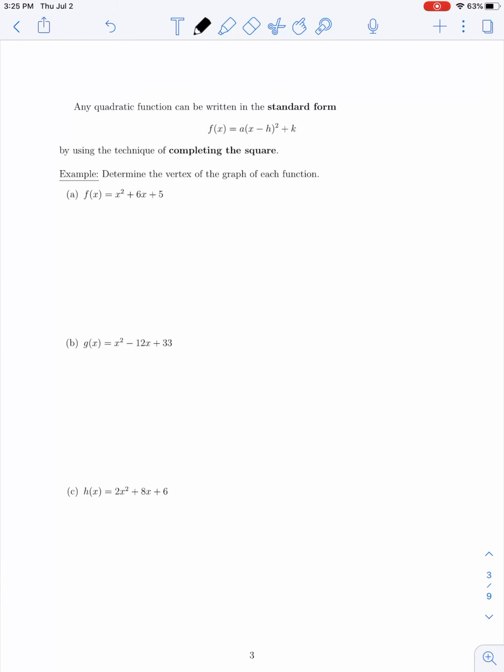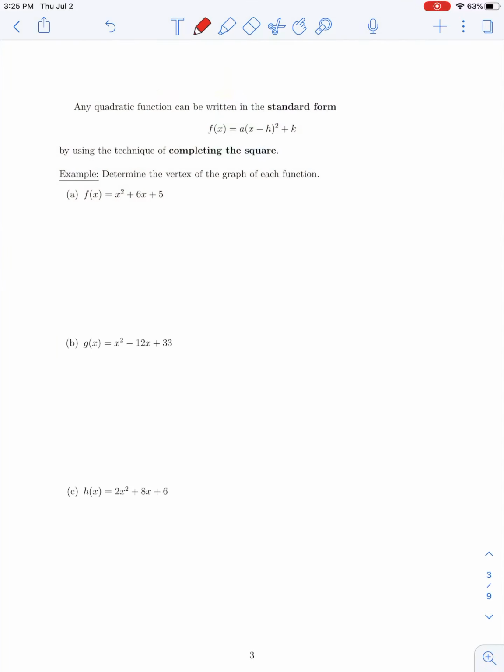Now, a problem of interest is determining the vertex of a parabola. And we've seen that if we have the equation for our function in the standard form for the equation of a parabola, we can read off our vertex directly and then plot some points to graph our parabola.